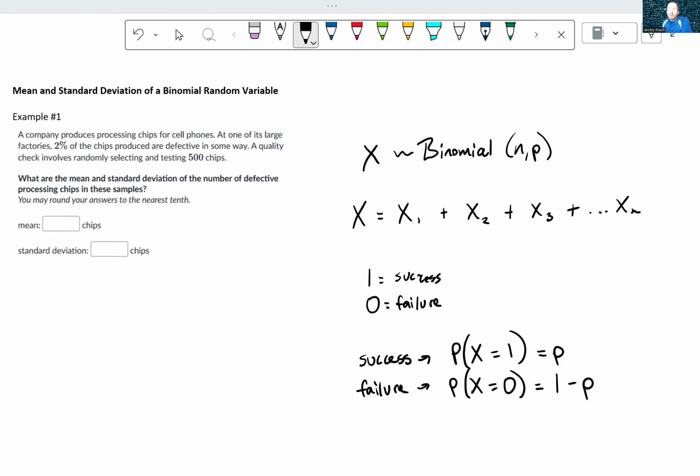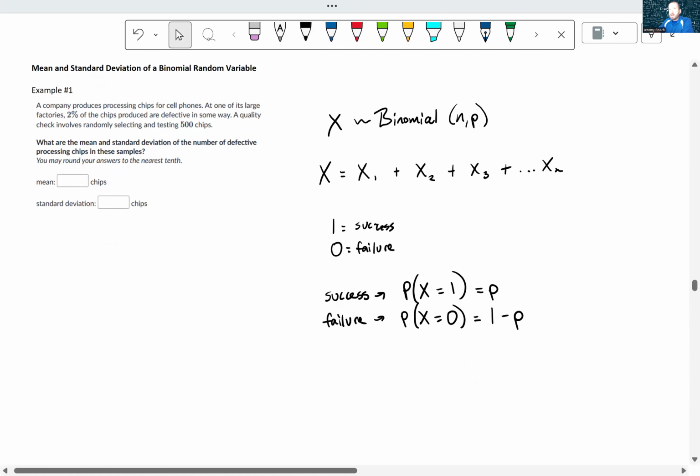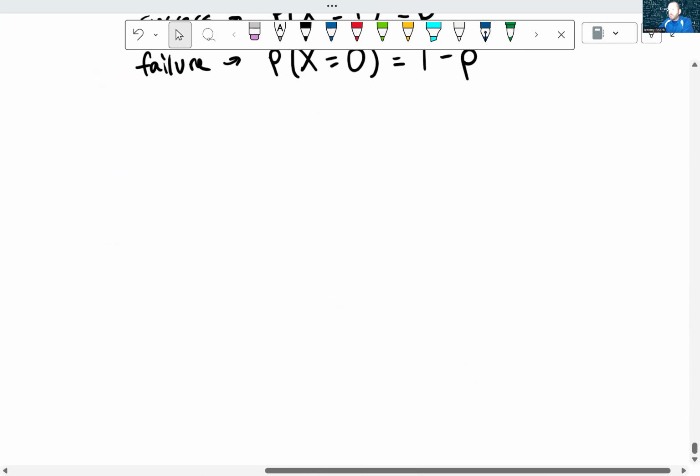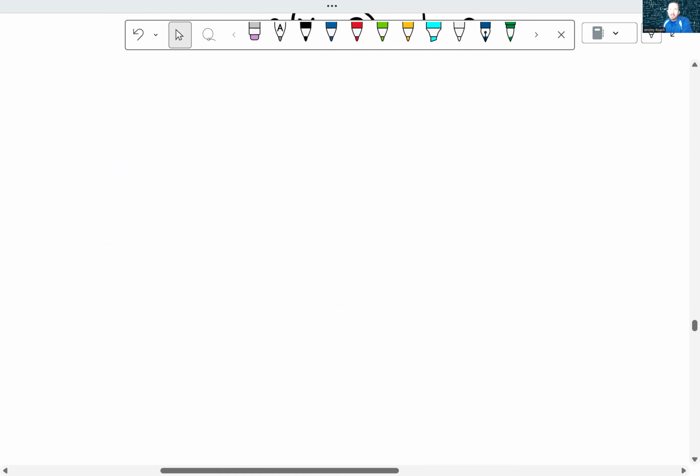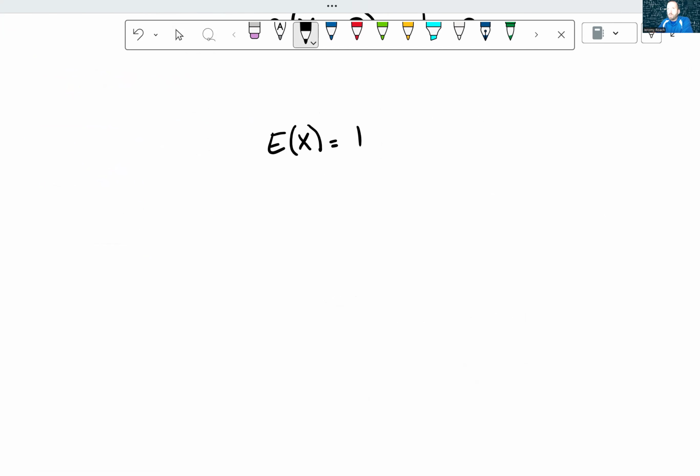Now, we've got to figure out really how we're even deriving the mean in terms of this equation. So to figure out what our average is, it's the expected value, the long run average. So for one trial, we can say that the expected value is equal to success, which is 1, times p, because we said the probability of a success is equal to p.